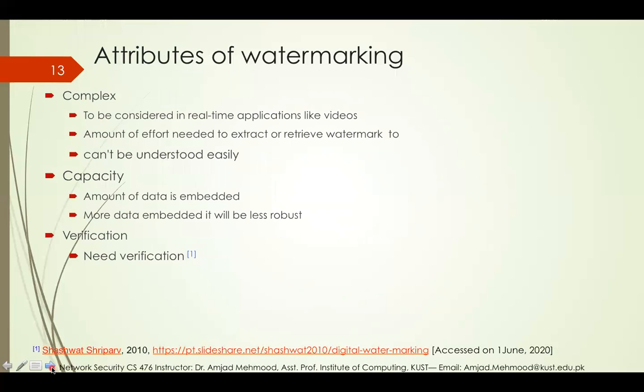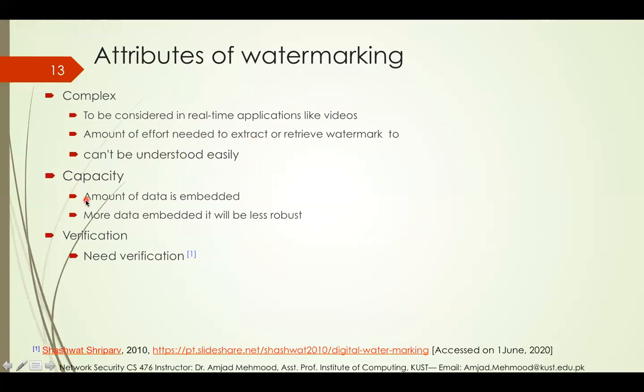Now, complexity is another attribute of watermarking, to be considered in real-time applications like video: the amount of effort needed to extract or retrieve the watermark, which cannot be understood easily. So we call it complex.